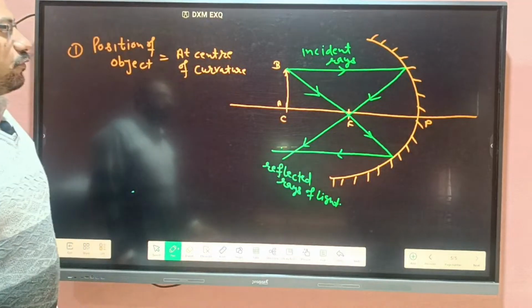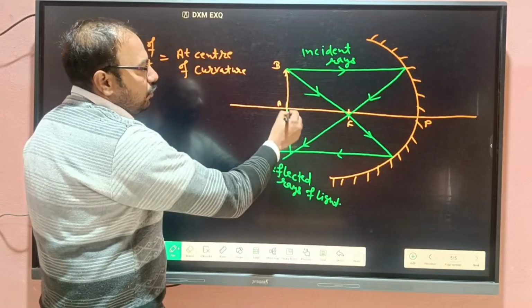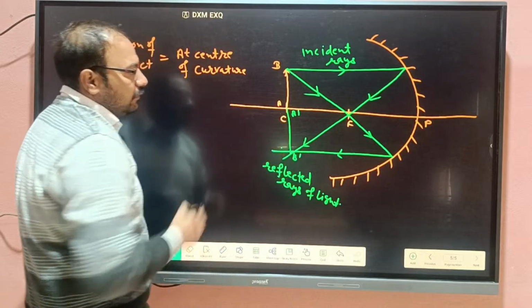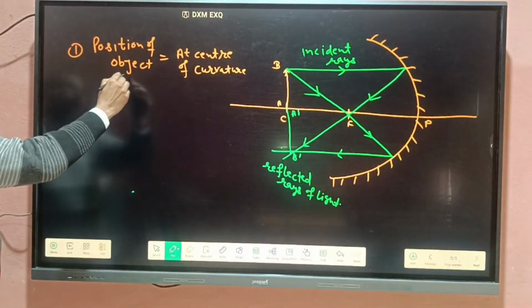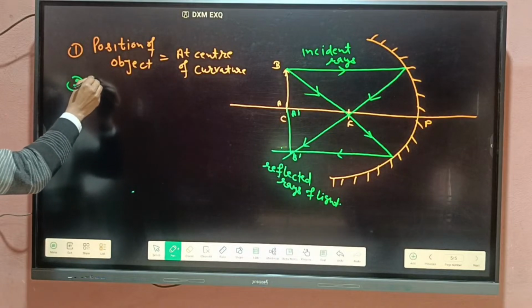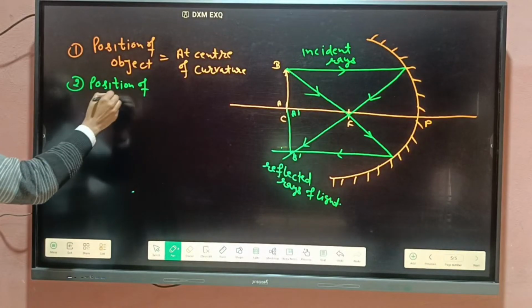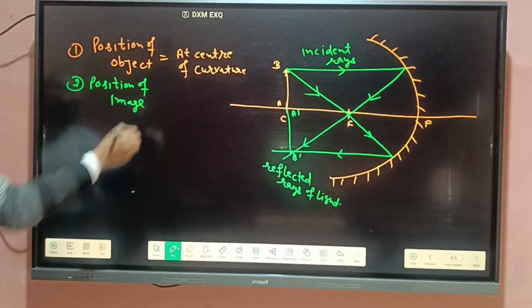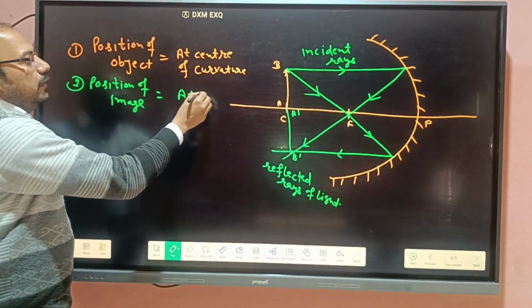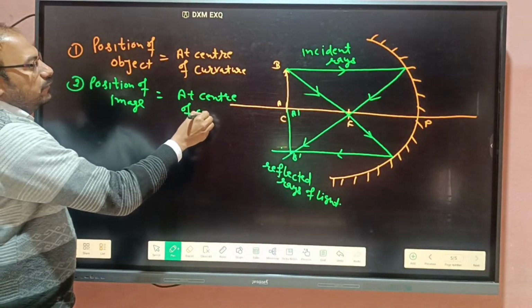Where does the image form? Here we draw a line; this is where the image forms. We call it A dash B dash. So the position of the object is at the center of curvature, and the position of the image is also at the center of curvature.